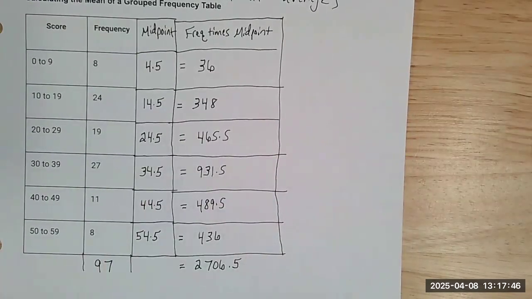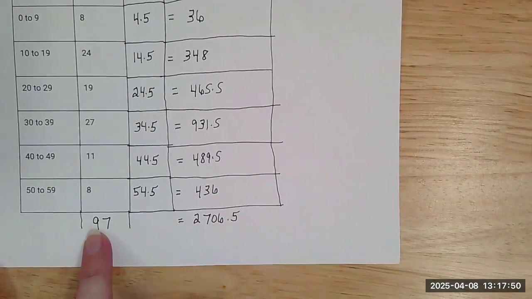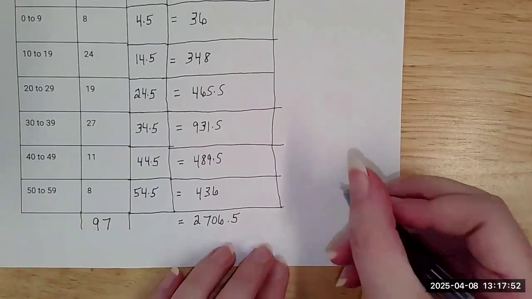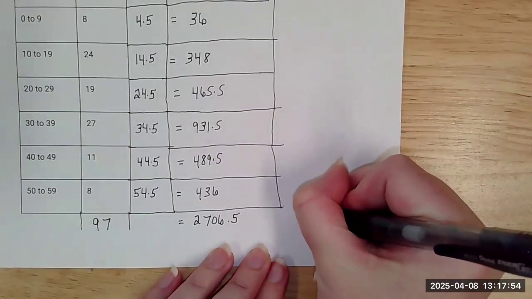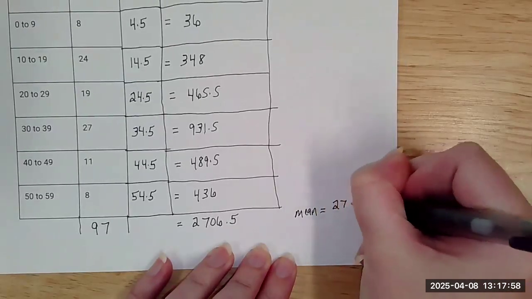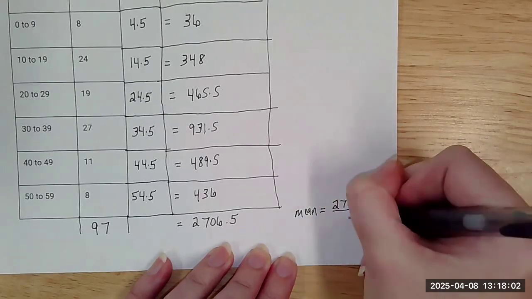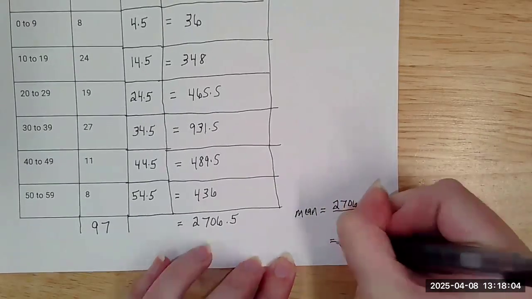Okay. So if I want an average now, I need to take this number and then divide it by the number of people. So we're going to take my mean is equal to 2706.5 divided by 97.